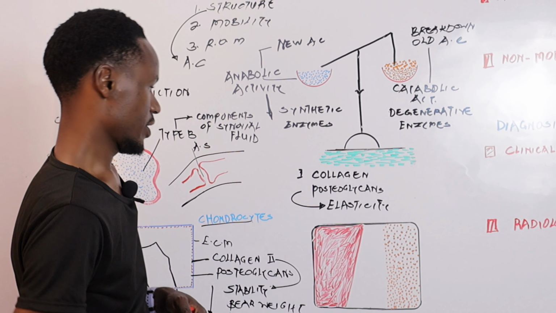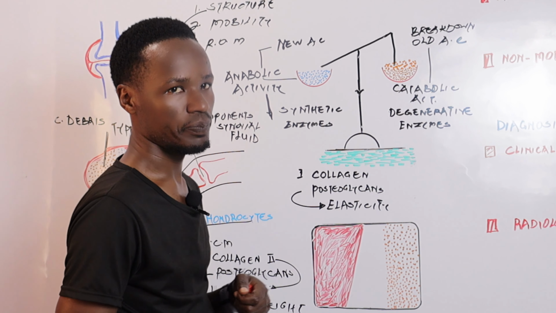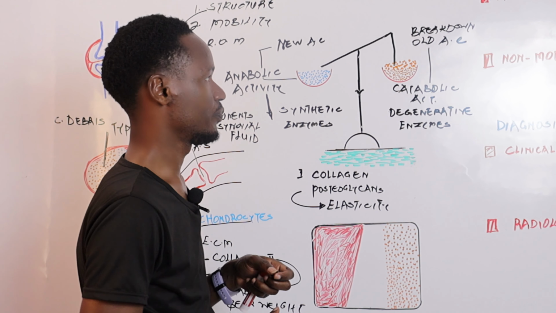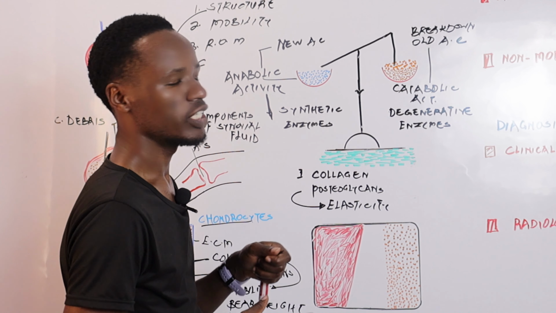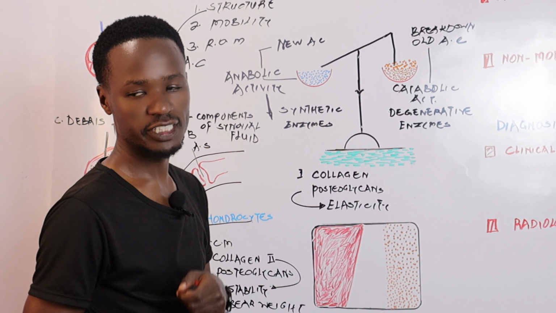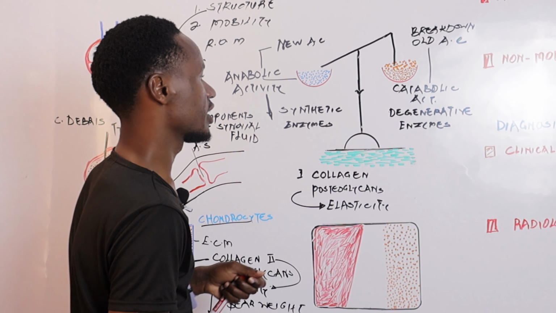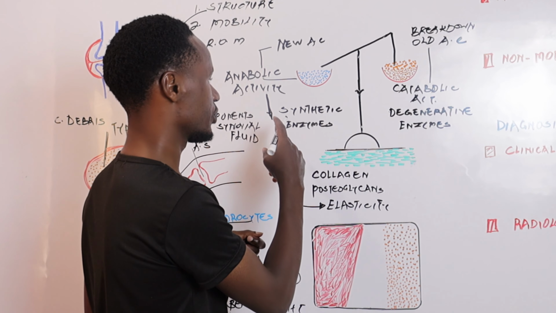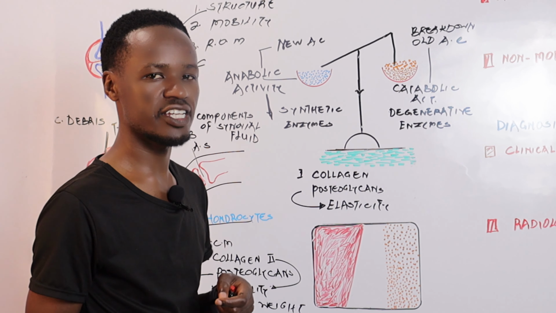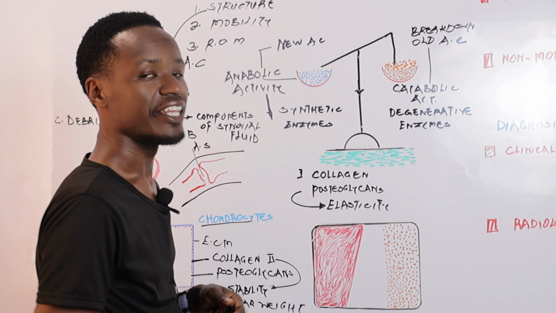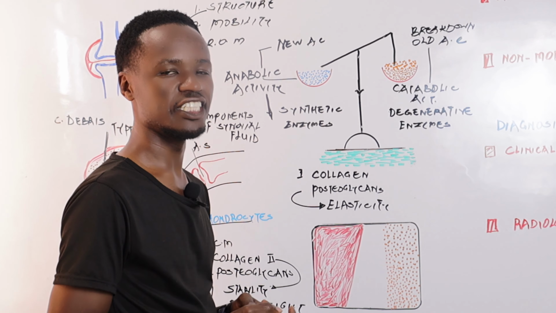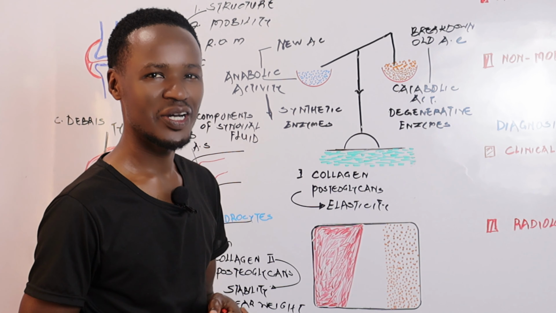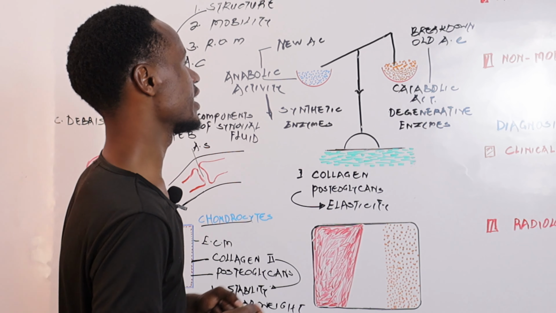Well, over time, the bone or the joint cannot keep up through these catabolic activities and anabolic activities. And when the catabolic activities are overpowering anabolic activities, what happens over the years is that the articular cartilage degenerates through apoptosis, which is a programmed cell death.